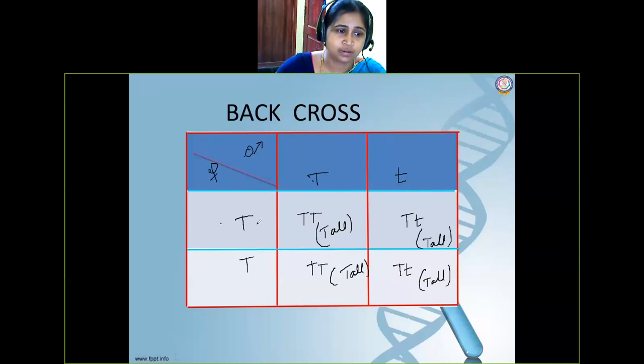I'll show with my cursor: capital T, capital T tall; capital T, small t tall, because there is a dominant character. That dominant only will express and will mask the other recessive character. Again capital T, capital T tall, and capital T, small t tall. So you are getting 100 percent tall character. You are getting the elite group.